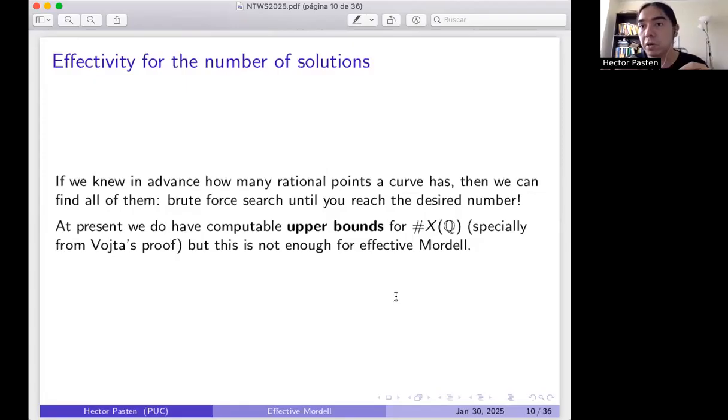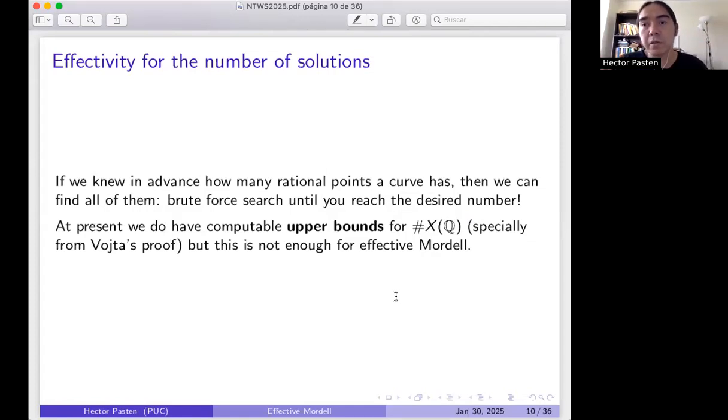You just search one by one in the ambient space, plug the coordinates into the equation, and check whether or not your point is on the curve. And you will find points until eventually you find all of them. And you know you have all of them because you're matching the number of points that the oracle is giving you. But this is too much to ask for.